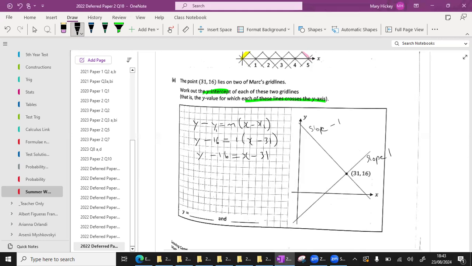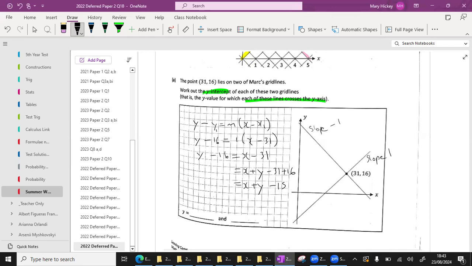The equation of that line would be this, and that would be x minus y equals 31 minus 16, which is 15. Now that's not really the question. The question is the y-intercept.